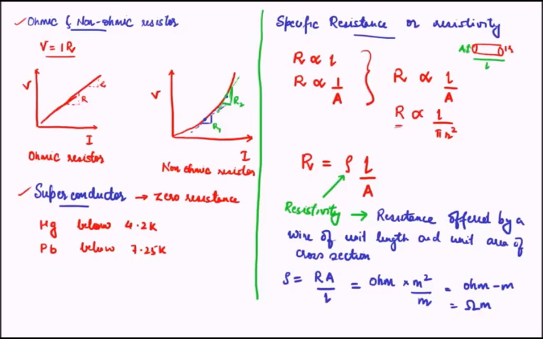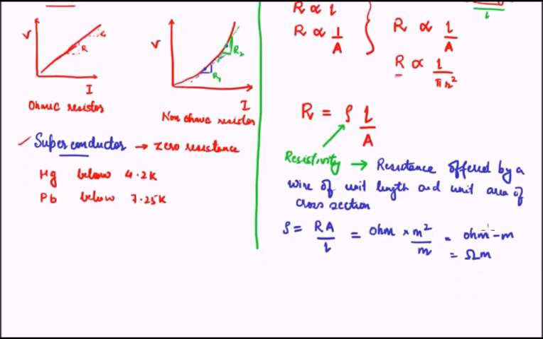Now what does resistivity mean? Resistivity means the higher the resistivity of a body, higher will be the resistance for the same shape. Therefore bodies which are conductors will have low resistivity. Bodies which are insulators will have very high resistivity. Just to give you an example, silver is one of the most conductive materials.